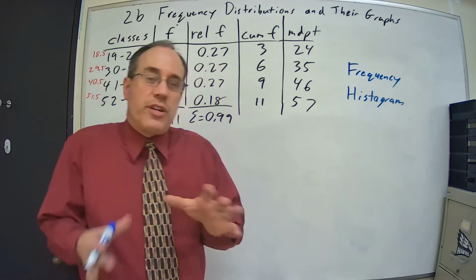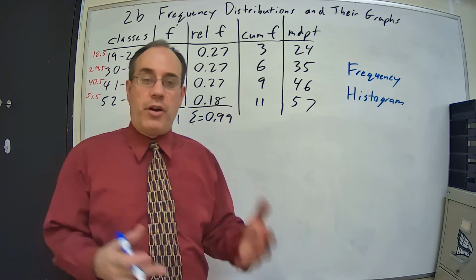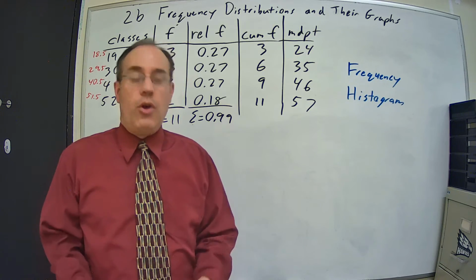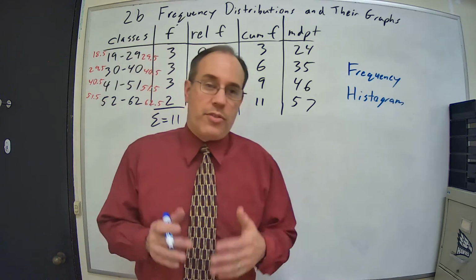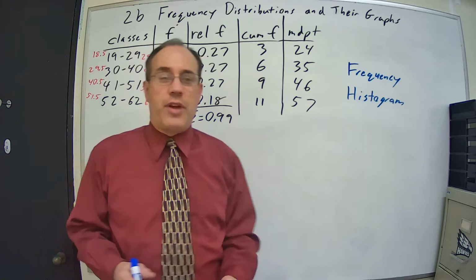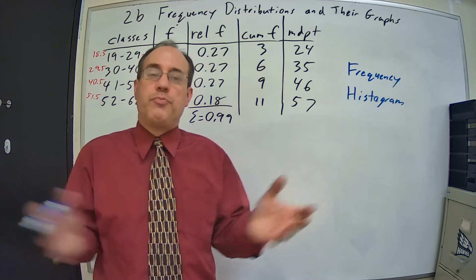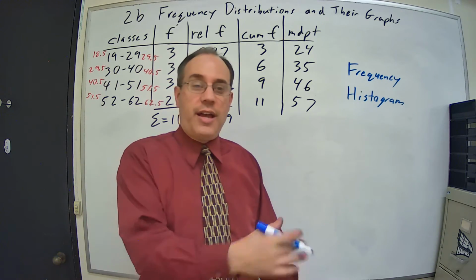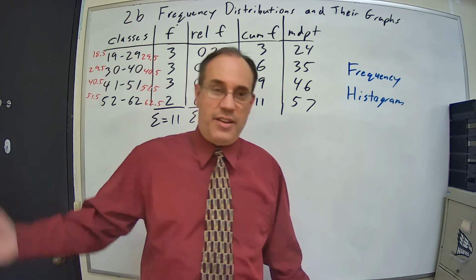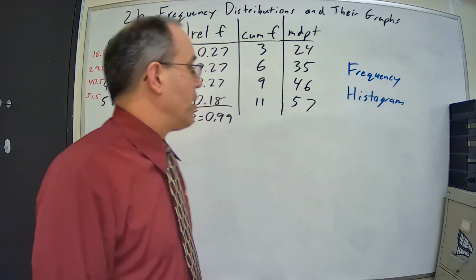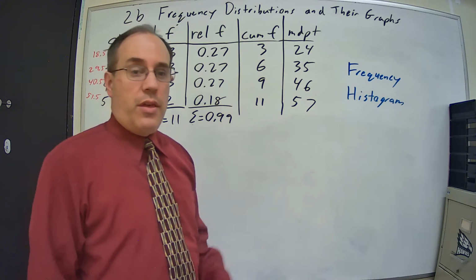Now a couple things are going to change from how we did a bar graph for qualitative data. First of all, with frequency histograms, the bars touch. So there's not that space between them because the number line is consistent and continuous. So the bars are going to touch.